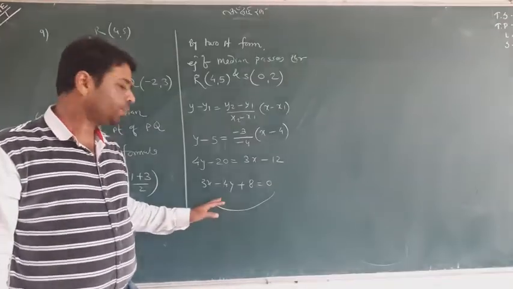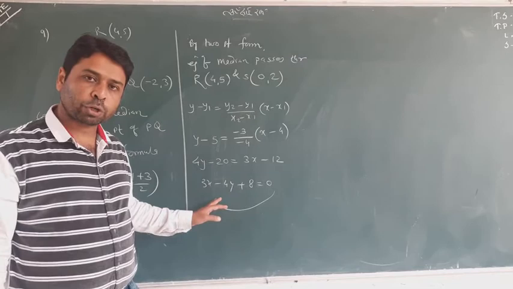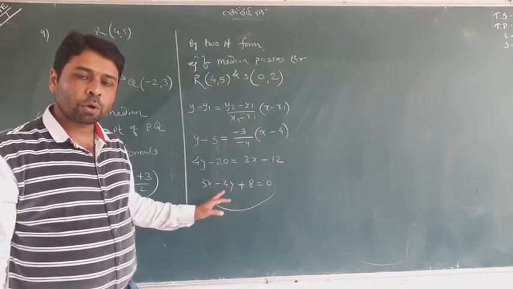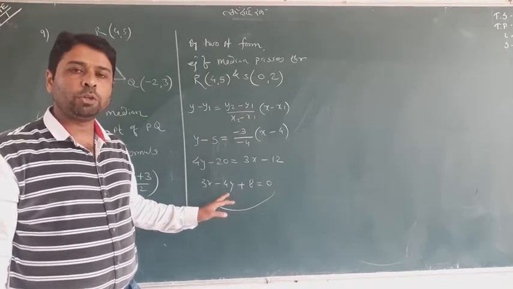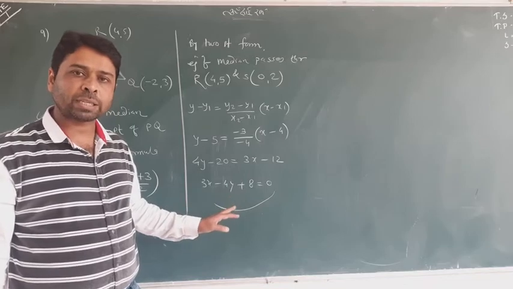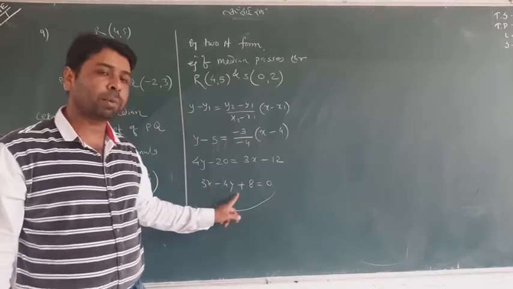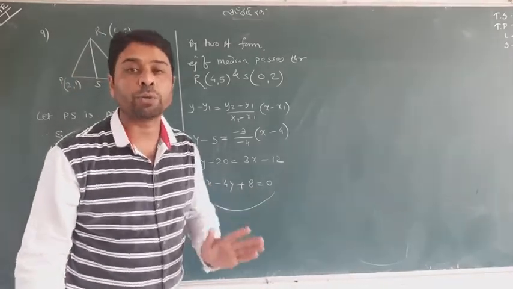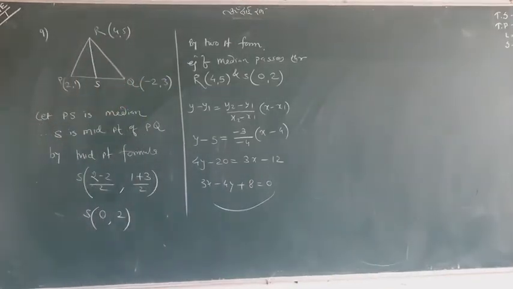So this is the last answer, which I have already taught you. Whichever form of the line you use, lastly the answer will be in the form of ax plus by plus c, which is its general form. Okay, so I hope you have got it till here.